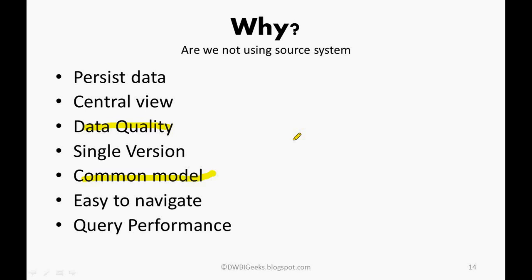Okay, and coming to the next thing, in a data warehouse, it's very easy to navigate. The data set is designed in such a way that it will be very easy to navigate. Let us say it will be extremely difficult for us to understand all source data model designs, because every data model design in source systems is done as per the system requirements of that application.